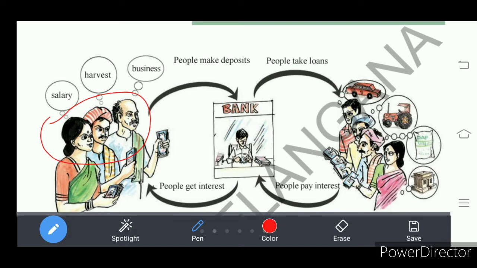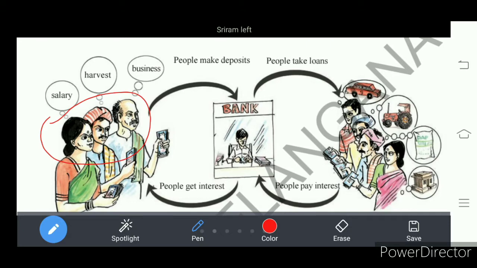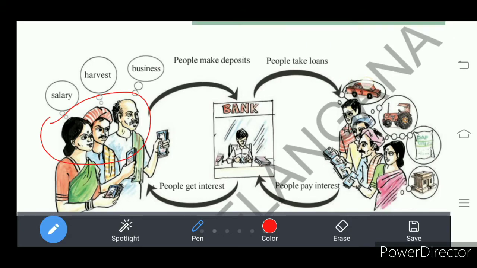For their deposits, they get interest and also security for their deposits. And on the right side, you see here borrowers. These are called borrowers. They took a loan from the banks for different economic activities.